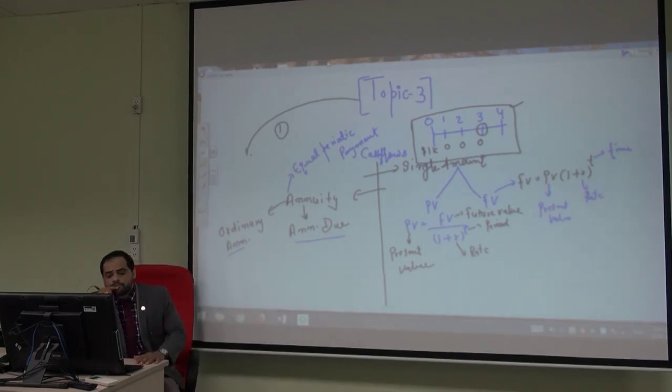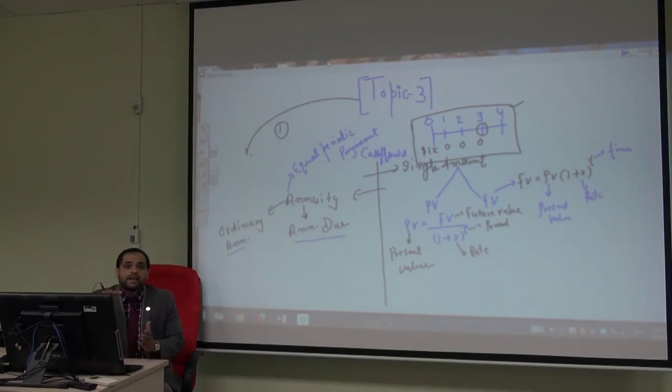Ordinary annuity means when we have an investment or cash flows at the end of the period. When we have cash flows at the end of the period, that's called the ordinary annuity. And annuity due means when cash flows are in the beginning of the period. Alright? So I write that for you.